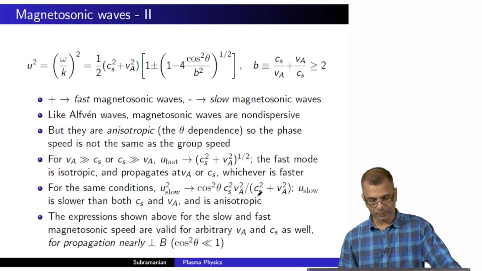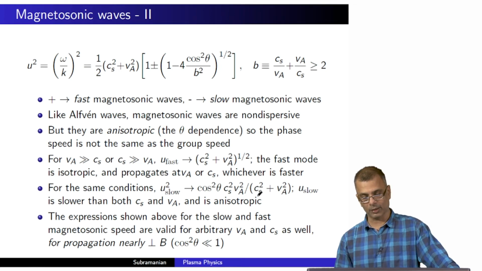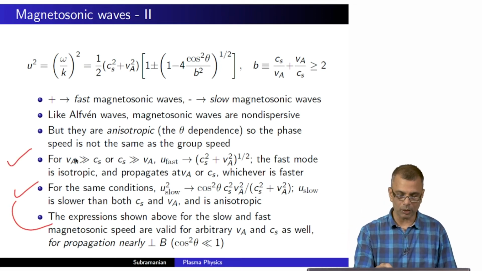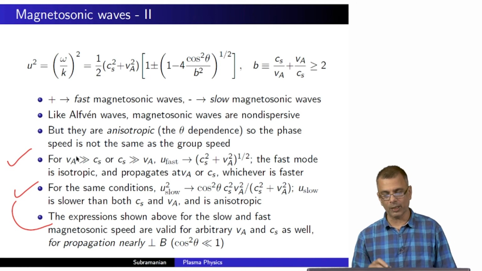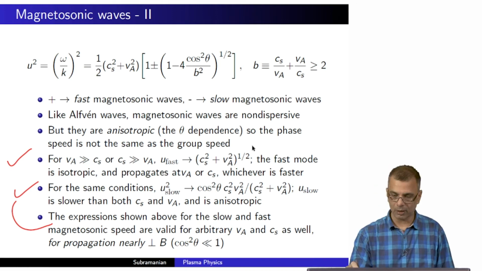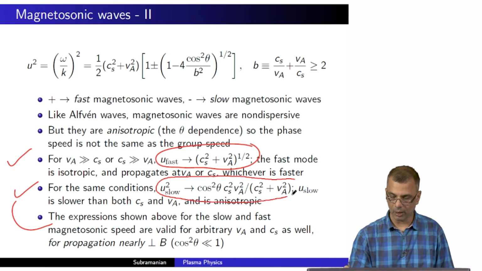Now, the other thing is, these two expressions for the fast and slow magnetosonic speed are valid for arbitrary Va and Cs. In other words, this expression and this expression. This is what I mean by these expressions.